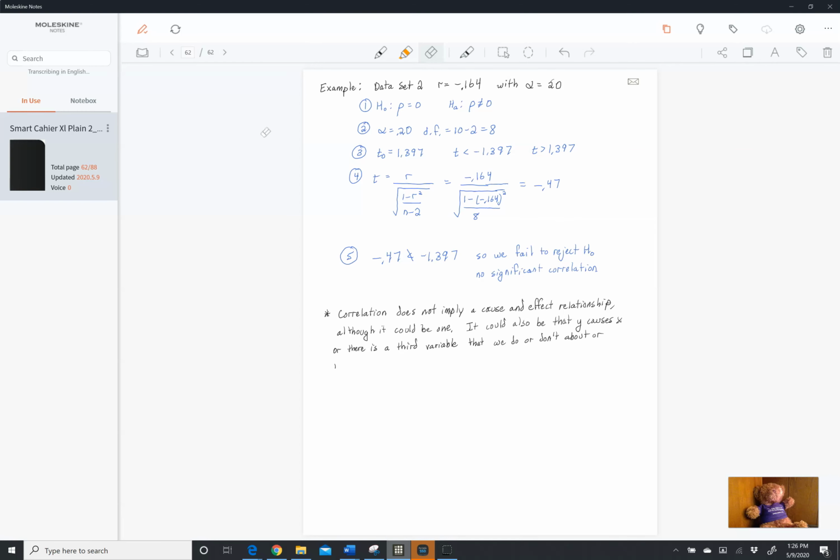Or it could just be a coincidence. There was a study that said the more milk you drink, the more likely you are to get a divorce. I think we could all agree that that is an example of a coincidence. I don't think how much milk you drink changes whether or not your marriage is going to last. So sometimes it's just a coincidence. Okay, so just things to keep in mind about your conclusions.